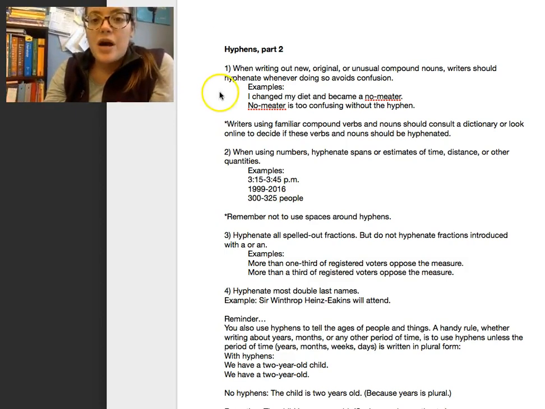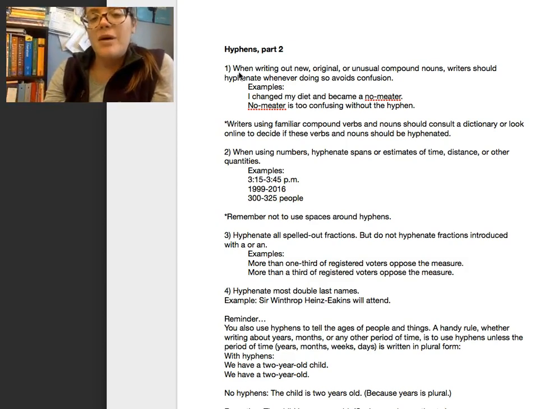Okay, so first thing, when writing out new, original, or unusual compound nouns, what this means is you made up a noun. You stuck two words together and are making it your own noun. You want to hyphenate so it's less confusing.